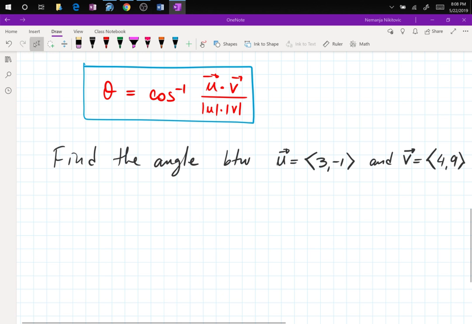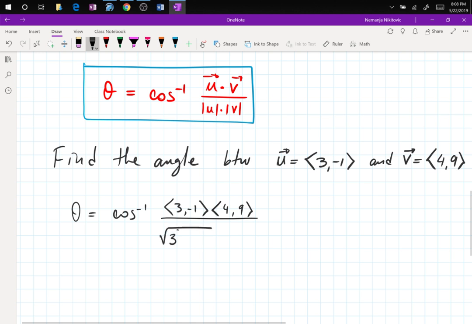Right, so we have theta equals cosine inverse of the dot product of (3, -1) dotted with (4, 9), divided by the square root of 3 squared plus -1 squared, that's the magnitude of u, times the square root of 4 squared plus 9 squared, the magnitude of the second vector v.